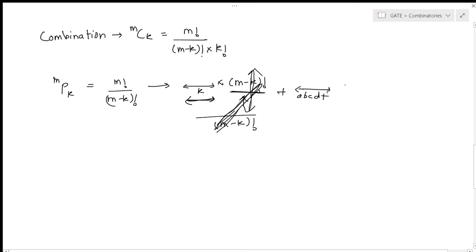The rest of the M minus K elements will again perform their total permutations and generate an excess of count, which is wrong. So the division by (M minus K) factorial again took care of that part and got it cancelled. So these were calculated only once.